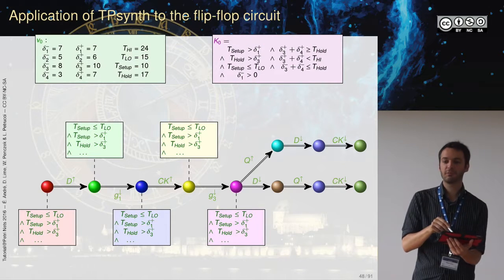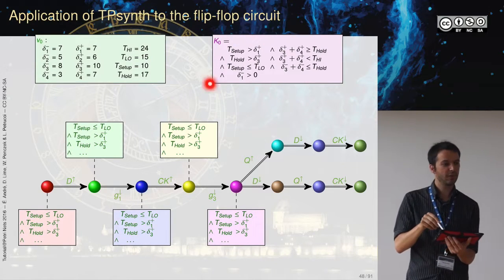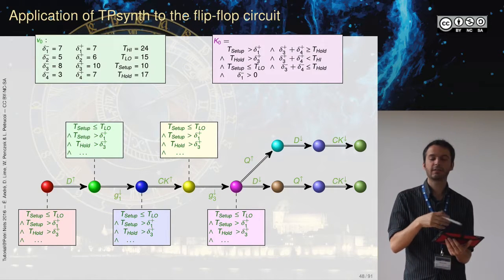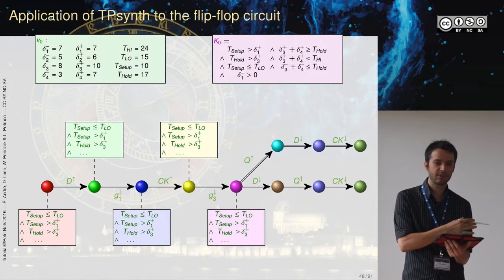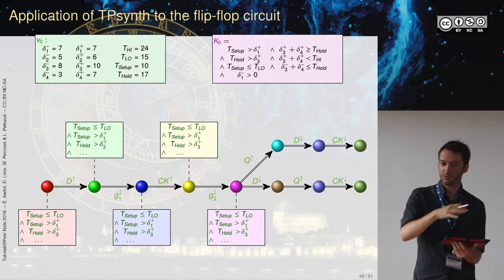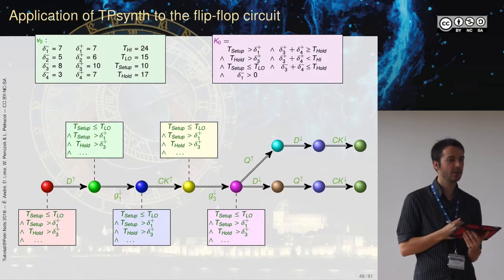So what does this constraint mean? For any possible timing valuation that satisfies this big constraint, I can guarantee that the behavior will be the same as for the original system in terms of action and locations. So not about time, but about the sequence of actions and locations.